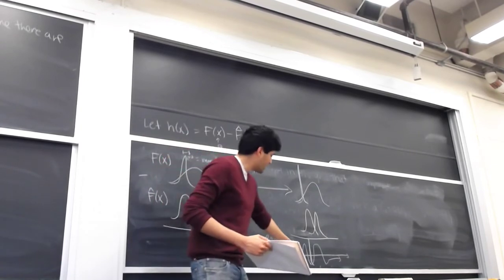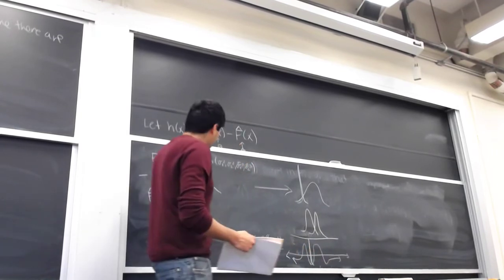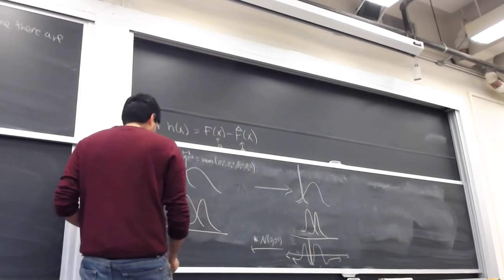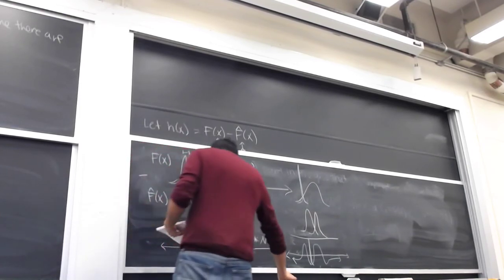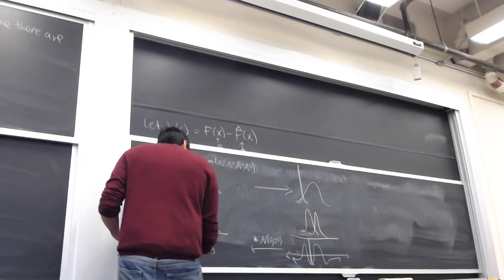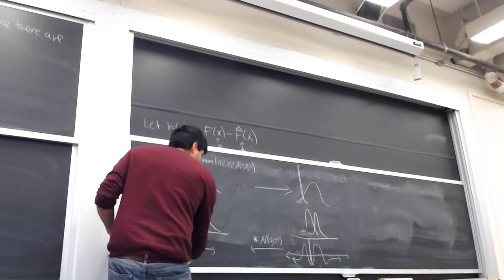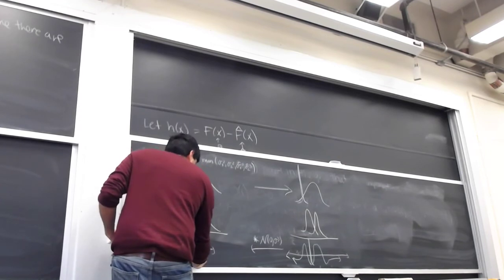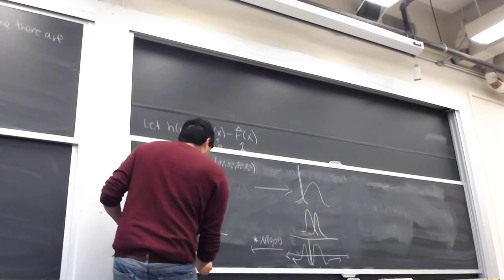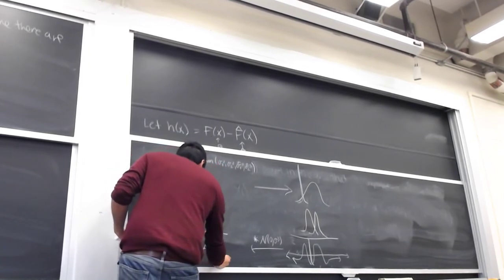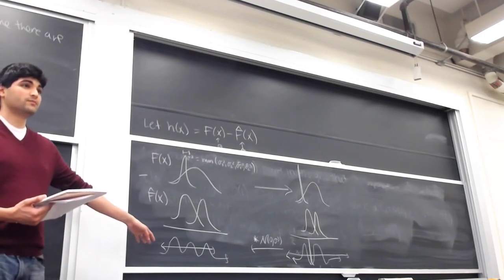But now the point is that I can't increase the number of zero crossings. So that's actually what tells me that the number of zero crossings here is at most 6. I don't know, it's getting too complicated to draw. Right? So that's the proof.